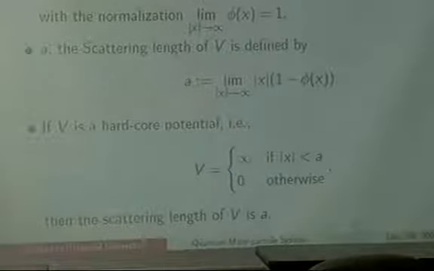So, if the potential is given, then as you can see from those results, all other properties of the potential will disappear when you calculate this ground state energy in the appropriate limit. The only thing that remains is the scattering length, a.